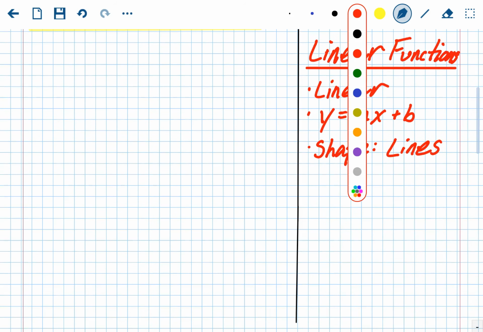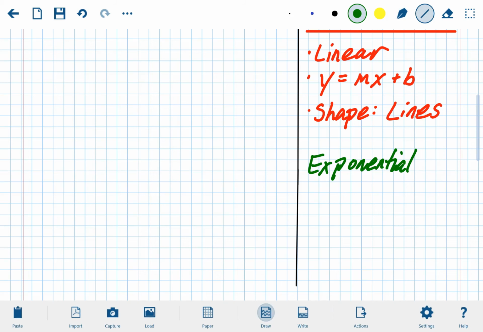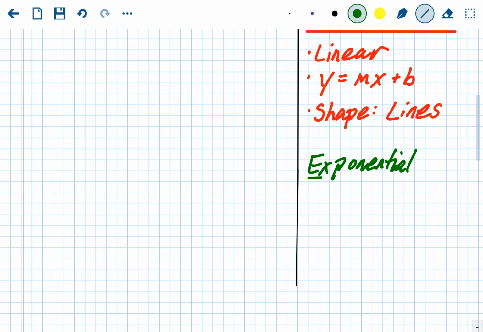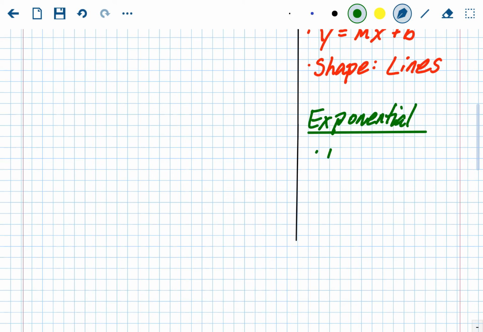The second type of function we talked about was exponential functions. Exponential functions were nonlinear. Remember, these were the growths and the decays. So it's a nonlinear function.